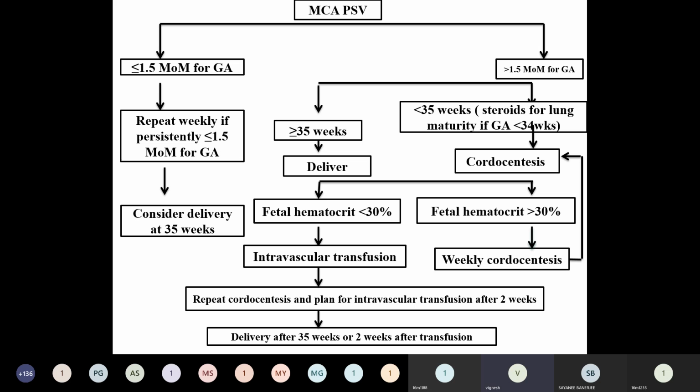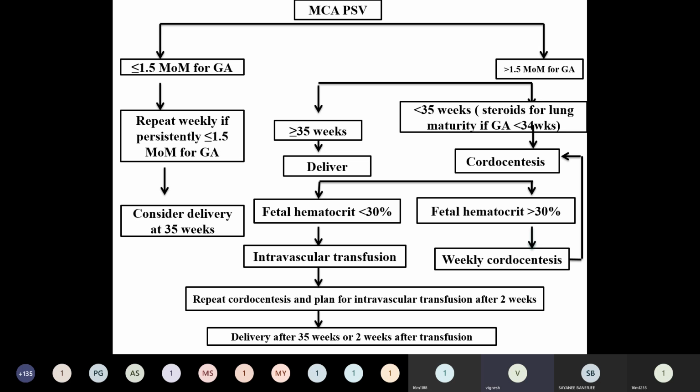If the fetal hematocrit is more than 30%, you do a weekly cordocentesis. And if the gestational age is more than 35 weeks, you deliver the fetus. You may have to repeat cordocentesis also. In such cases, you deliver after 35 weeks or 2 weeks after the transfusion.